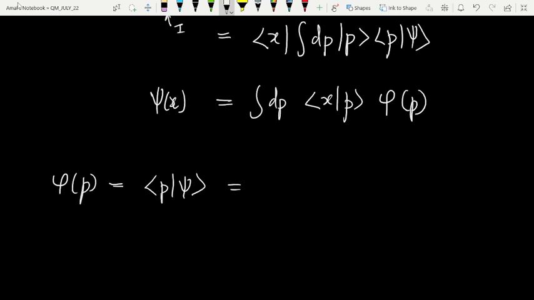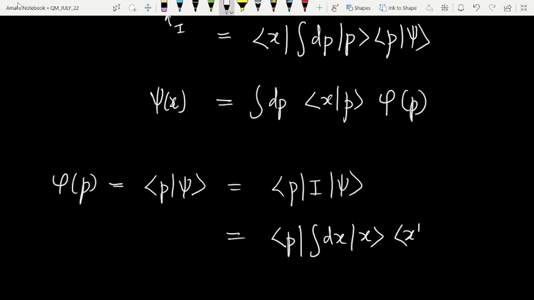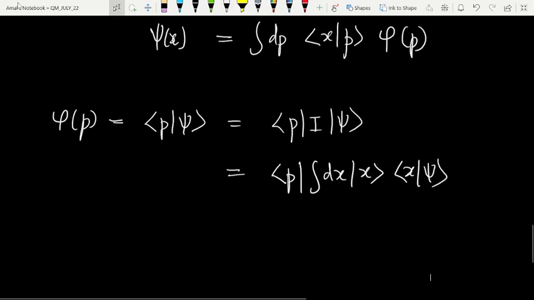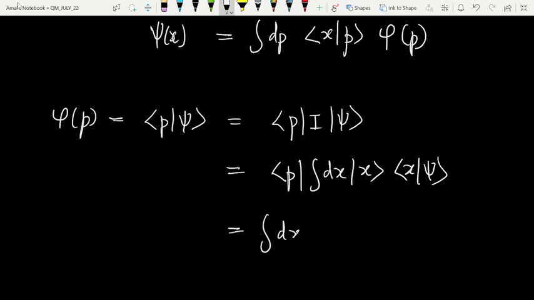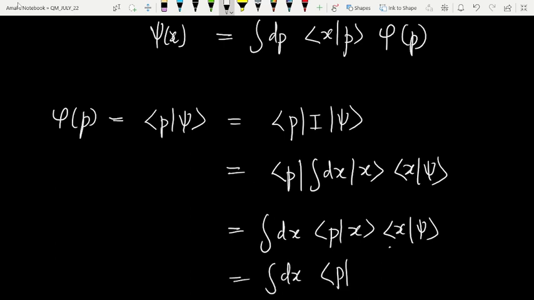If I insert an identity here and substitute it using the position representation, then I will get p integral dx x x psi, and if I take the integral outside, integral dx p x psi, and this is nothing but integral dx p x psi of x. So we got the relation between psi of x and phi of p, and phi of p and psi of x.